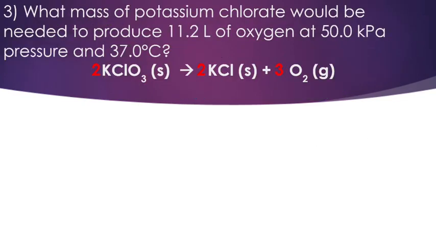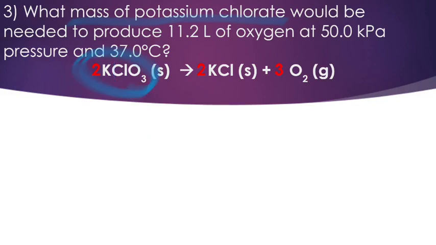Okay, now this next question is going to be a little bit different, but the process is still the same. As we're reading through it, we're going to pay attention to our substances. So it's asking me what mass of potassium chlorate, and be careful, chlorate is this KClO3 thing. This other KCl thing is potassium chloride because it doesn't have one of those special funky groups from the back of the periodic table on it.